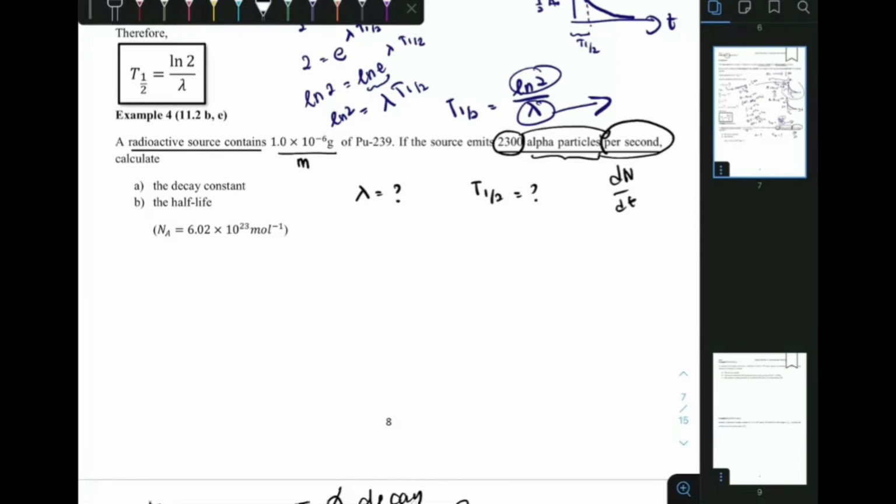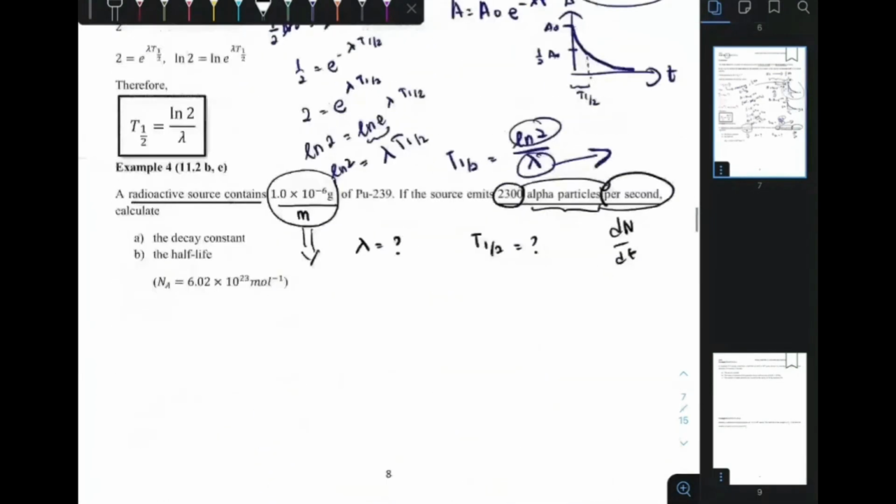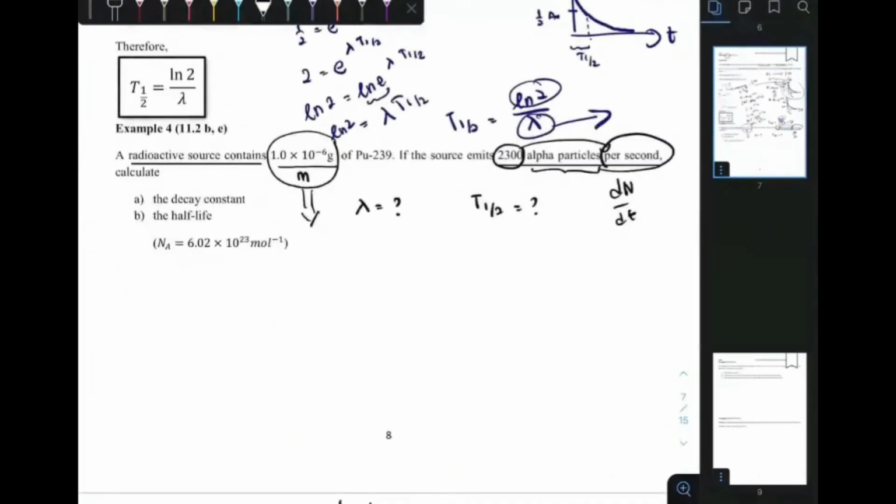Okay, so dia kata this is what you contains. Ini apa yang kamu ada, dia bagi dari segi gram. Okay, sepanjang yang kamu buat dekat sini, kamu tak ada pun mass. Apa yang kamu ada adalah number of nucleus sahaja. So bila ada mass, you have to find what is number of nucleus for this particular mass. Find nuclei for that particular mass.